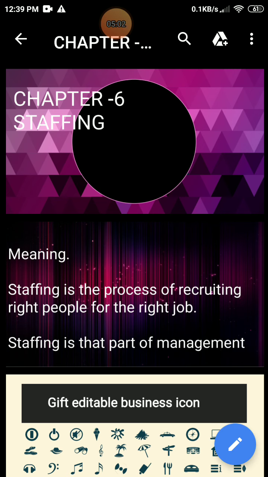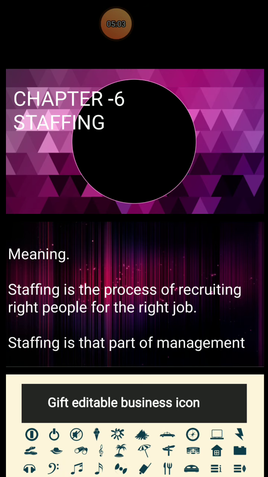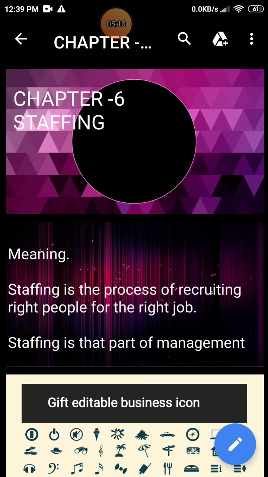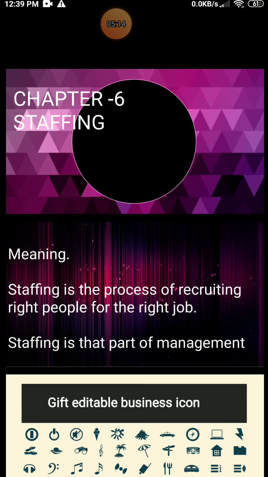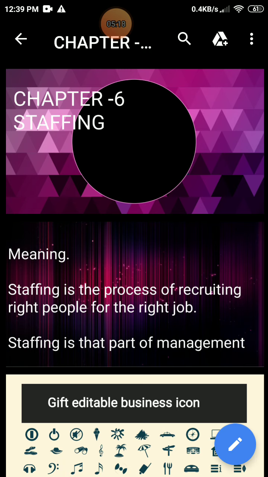Suppose you choose a person who is lazy, not dedicated and not honest towards the work; it is definitely a loss for the business organization.